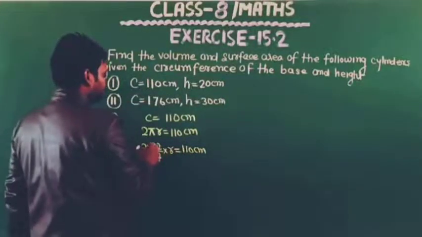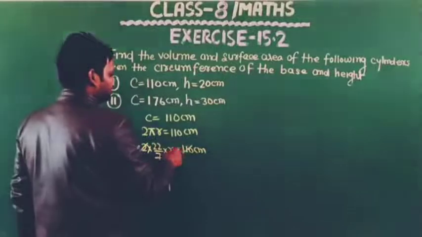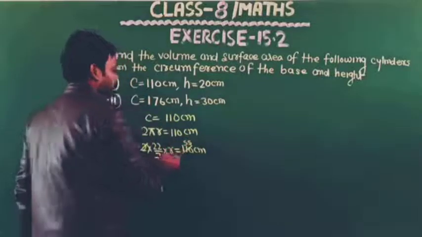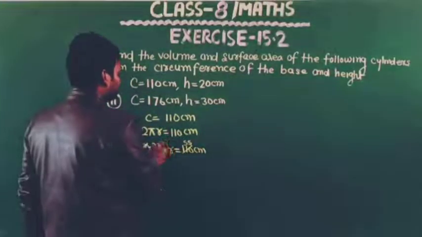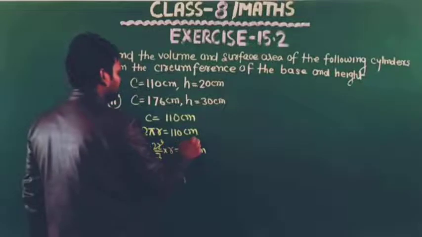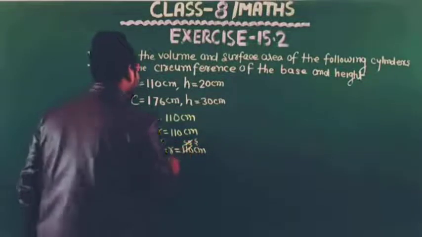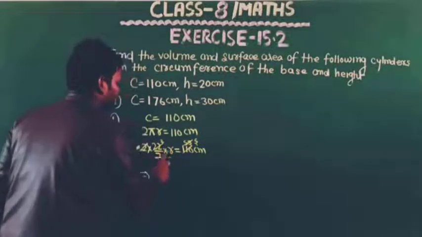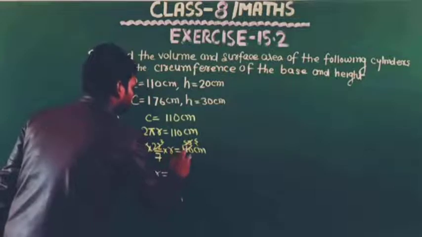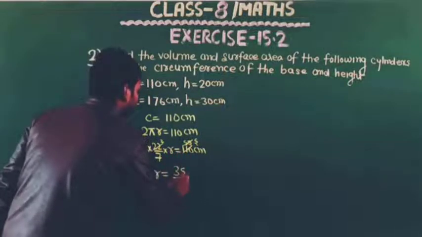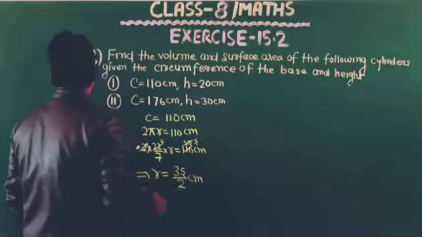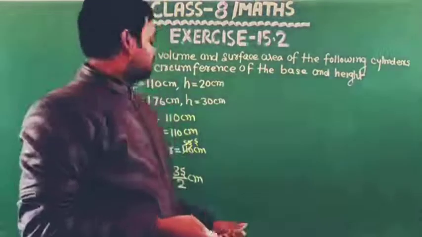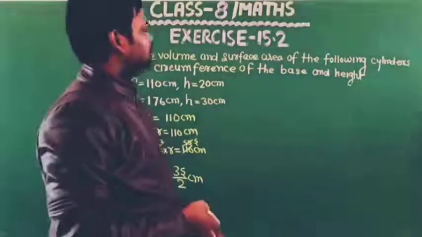Now simplify. 110 divided by 2, 2 5s are 10, 2 5s are 10, and 11 2s are 22, and 11 5s are 55. So after simplification we get the radius r equal to 7 into 5, 35 by 2 centimeter. This is the radius of the base.